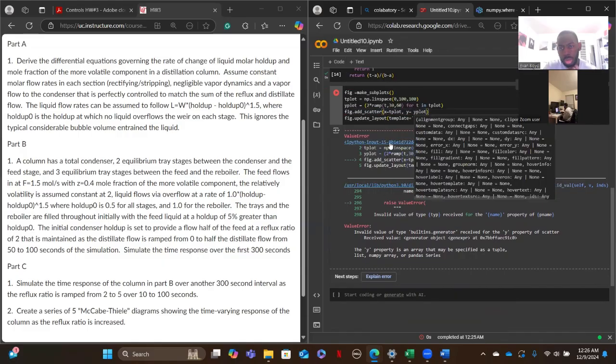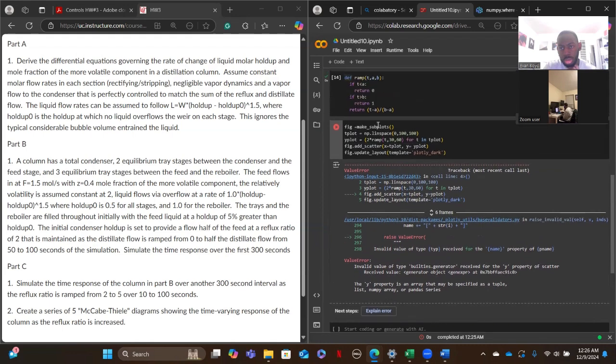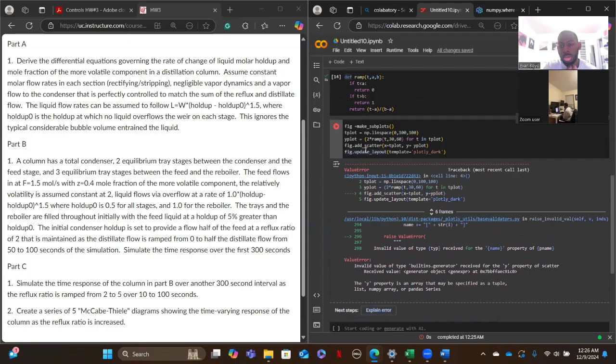What's wrong with the Y plot? Can we not use that? What's wrong with it? It should be on.